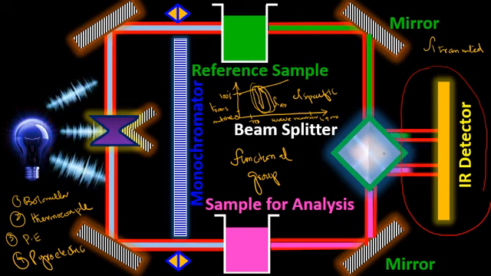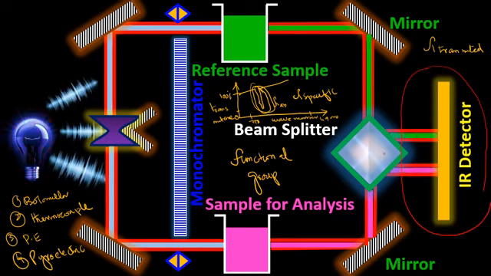On the basis of the IR spectrum, we can identify the presence of unknown functional groups in a material. So the unknown functional groups are identified in the third region, which is based on the detector and readout system.